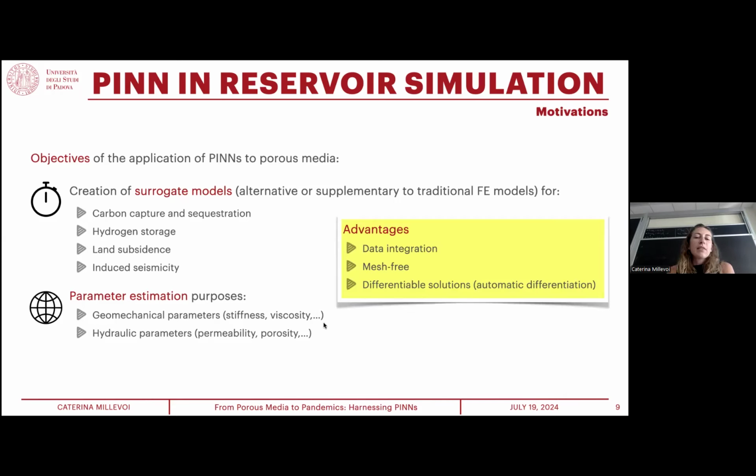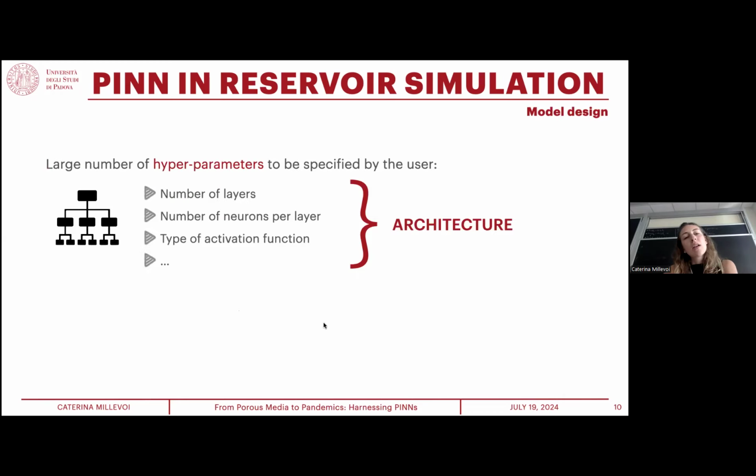And PINNs have some advantages. They allow you to integrate data while simultaneously solving your PDEs. They are mesh-free, and they give you a differentiable solution that can be easily differentiated by means of automatic differentiation. The first thing that we noticed was that every time you want to start with a PINN-based model, you have to make many different choices that define the structure of the neural network, which is called the architecture.